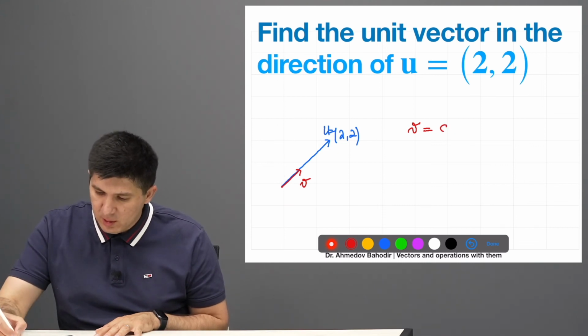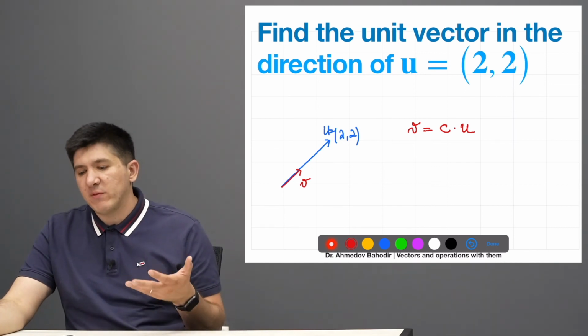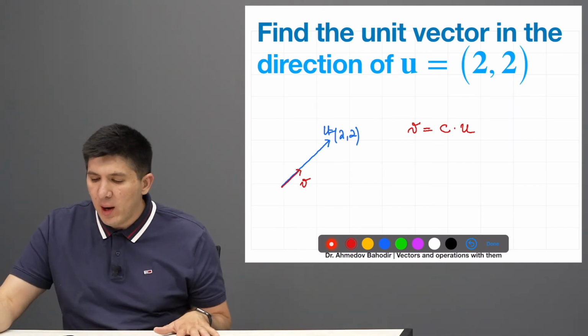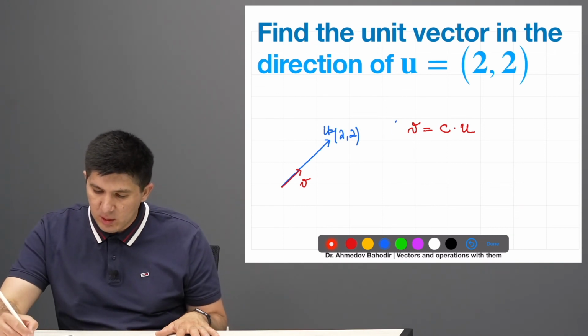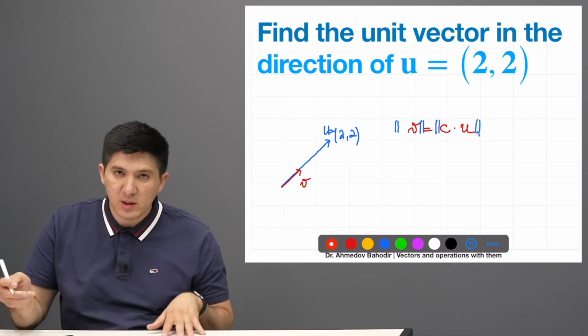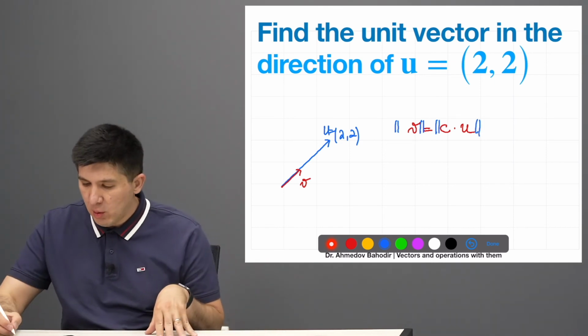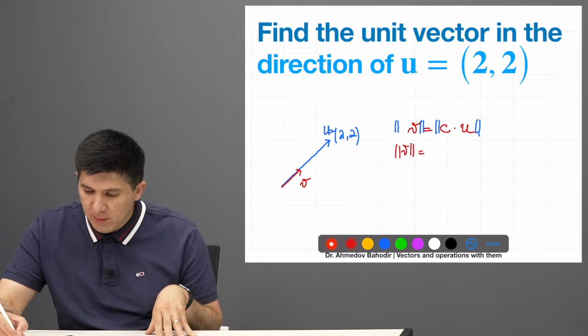So v equals some constant c times u, and the only thing is you have to find c. The way to find c is to take the norm of both sides. The constant is going to come out of the norm. On the left-hand side I've got the norm of v, on the right-hand side I've got c times the norm of u.